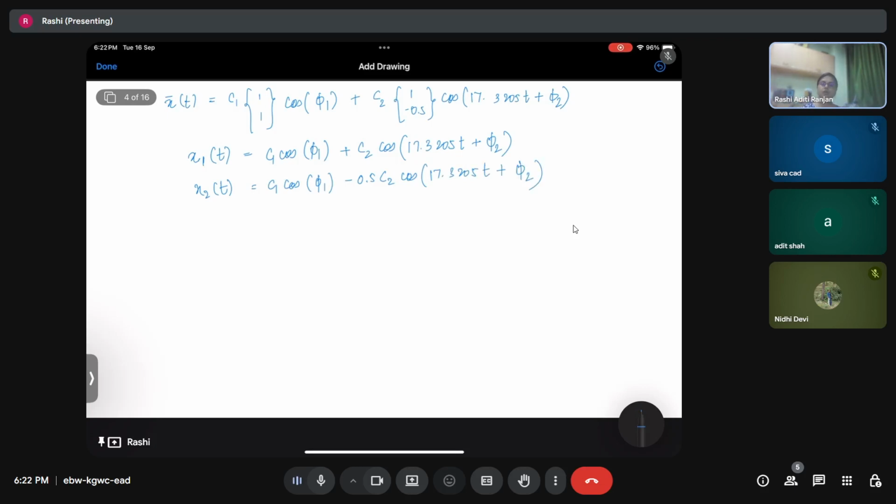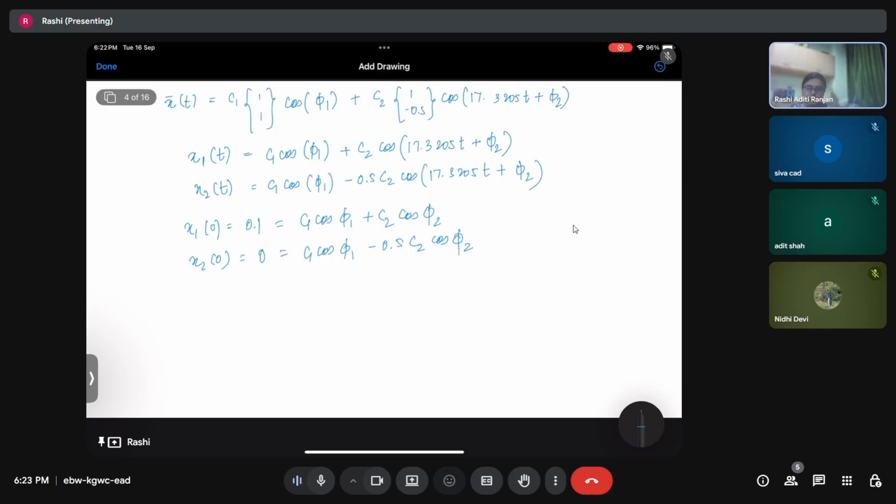Okay, so the first initial condition is x1 of 0, which is 0.1, equal to c1 cos of phi 1 plus c2 cos of phi 2. Second, x2 of 0, which is 0, is c1 cos of phi 1 minus 0.5 c2 cos of phi 2. Other than this, we have two velocities which come out by differentiating x1 and x2 with respect to time.